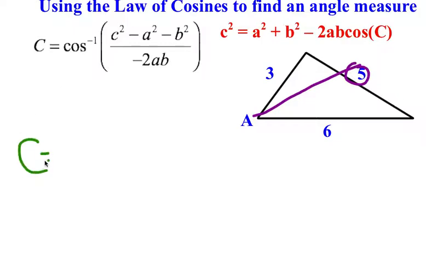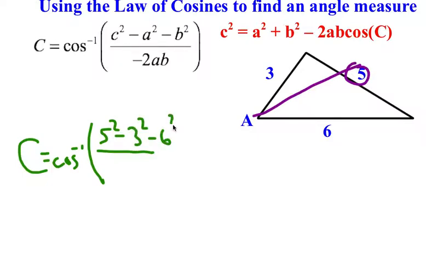C equals the cosine inverse of a big messy fraction, specifically 5 squared, which has to be opposite the angle we're trying to find, minus, it does not matter which one you call A, which one you call B. You could go in order from lowest to highest, or however you want to do it. Same thing down here. It's going to be negative 2 times 3 times 6 if I'm aiming for consistency.